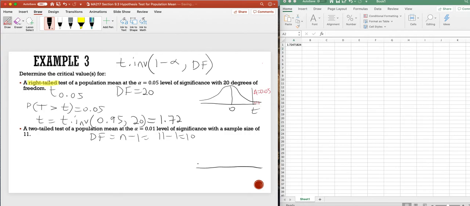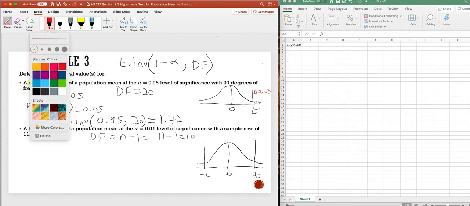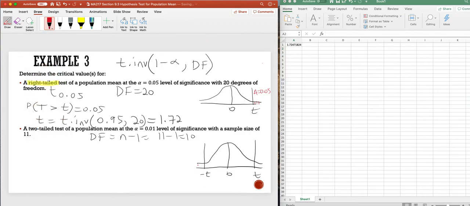So what this refers to as a drawing, again, the mean is 0. We have our t-statistic here on the right, and since the t-distribution is indeed symmetric around the mean 0, that means we also have the negative of our t-statistic here, and we want the area to the left of the negative version and to the right of the positive version.